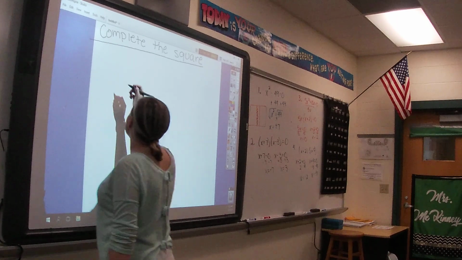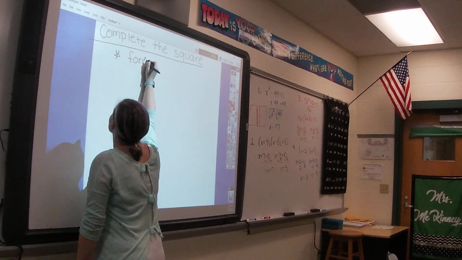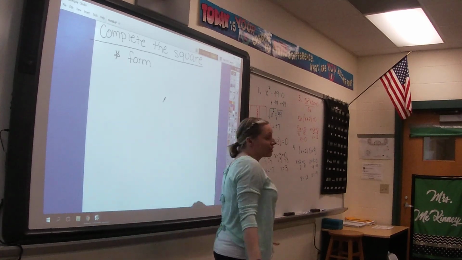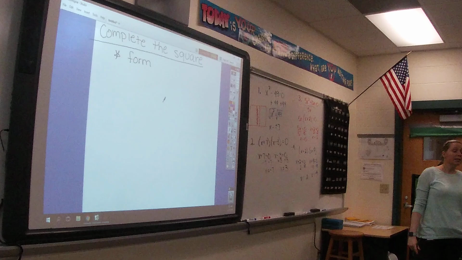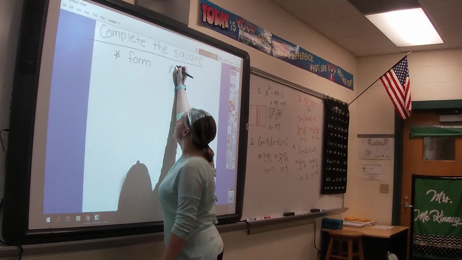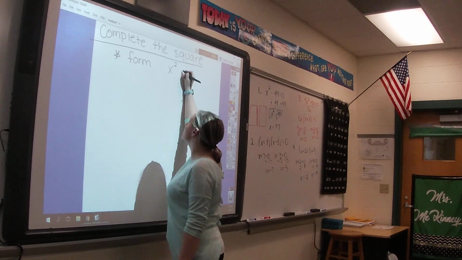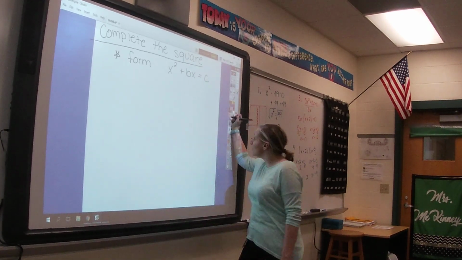The first thing that we need to know about completing the square is that we do not want it to be set equal to 0. This is the one odd situation where we don't have it equal to 0, and instead we have it in the form x squared plus bx equals c.